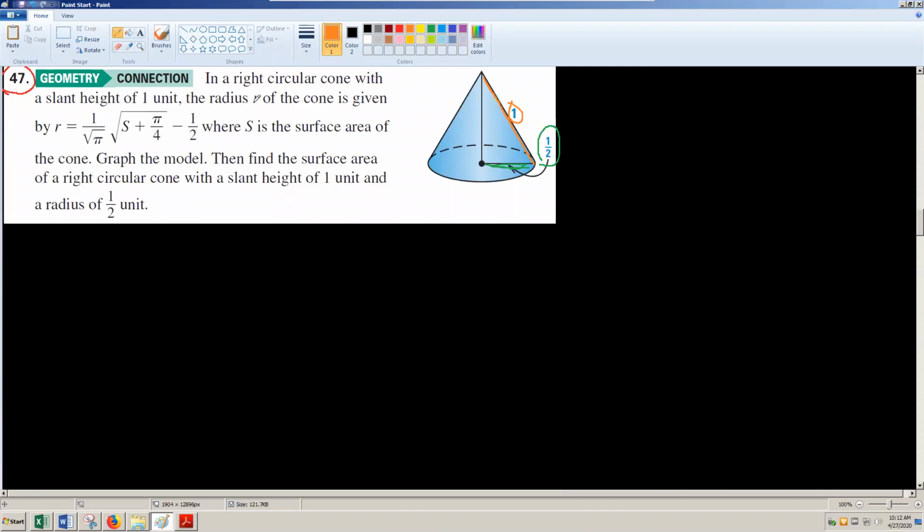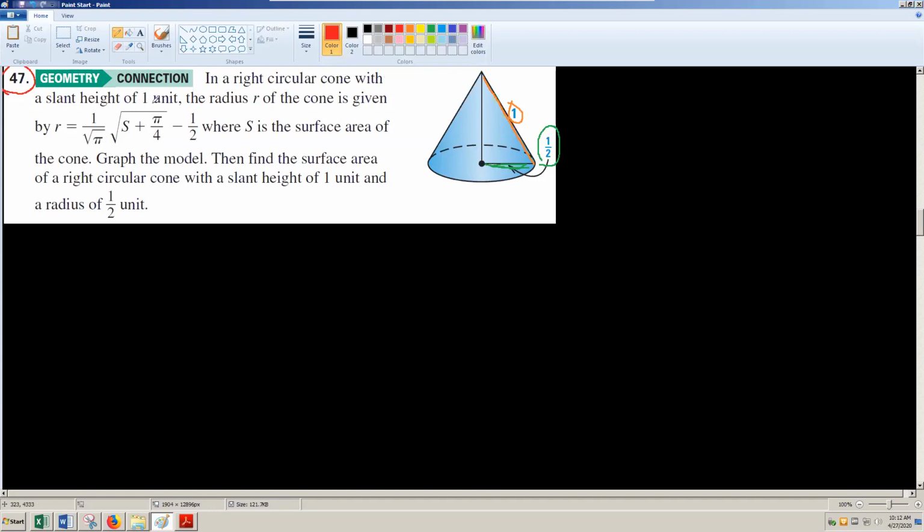The radius of this thing is given by r equals... okay, so it's giving us 2 different. All right. So first thing to start out with is we have a right circular cone, slant height 1, radius r, and it's telling us what r is here.